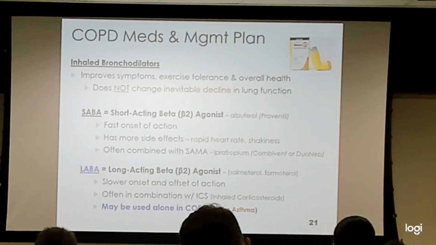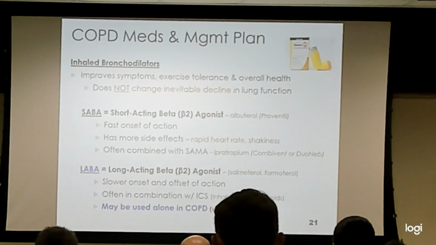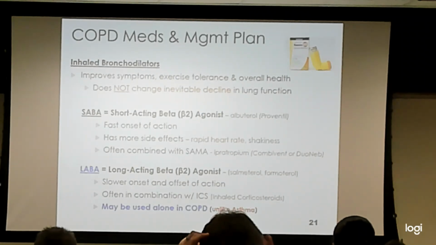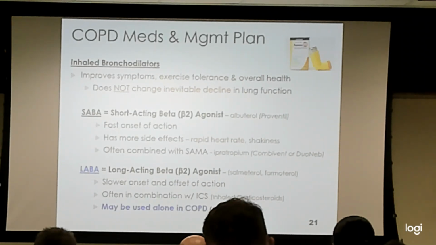I won't get into the black box warning on LABAs for asthma. I've read several studies on why we can't use a LABA alone in asthma. There is some data that proves that people have worse outcomes, but we'll talk about that a little more when we talk about asthma tomorrow. But they can use LABAs alone here.